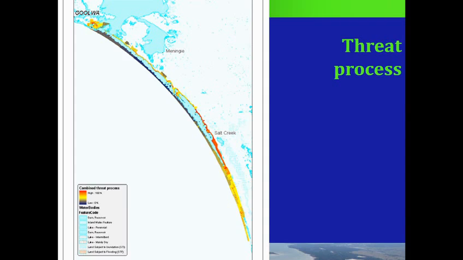And then you can see right at the top, a bit on Wingate and the roads up there. And then this section near Salt Creek has a different land ownership, and it's got roads through there, and there's a few campgrounds and the like. So it's a high threat area, which is not too surprising. You can kind of see the islands had low threat value as well, given their isolation.